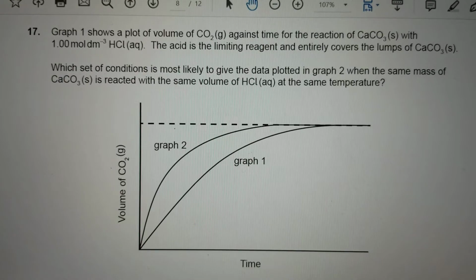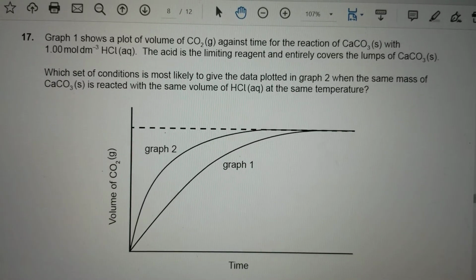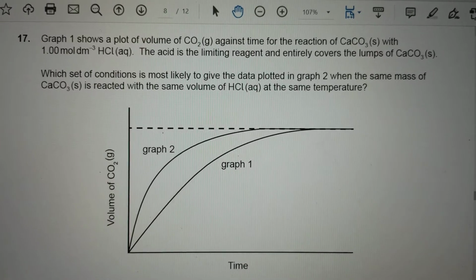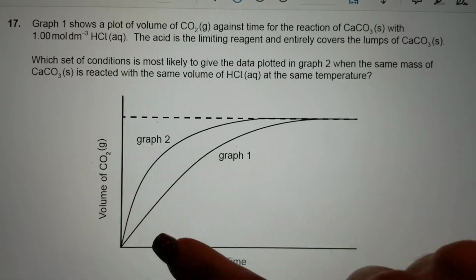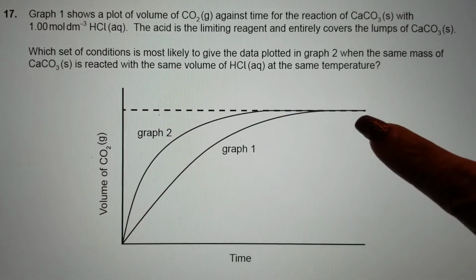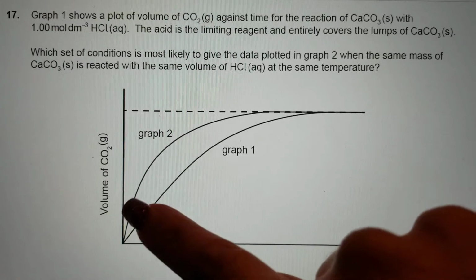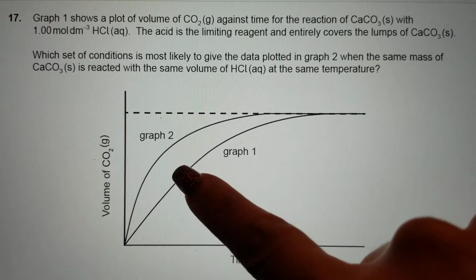On number 17, it shows a graph and asks which set of conditions will most likely give the data plotted on graph 2. Notice that graph 2 rises faster, and of course they both reach completion at the same time. What would cause the reaction rate to be faster?